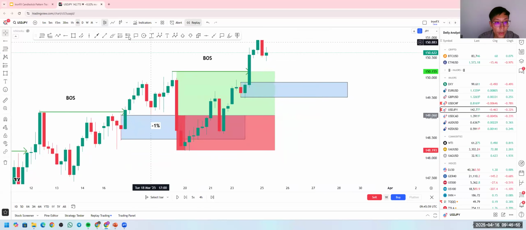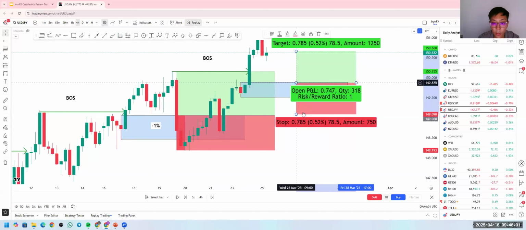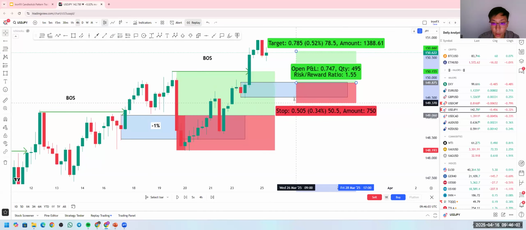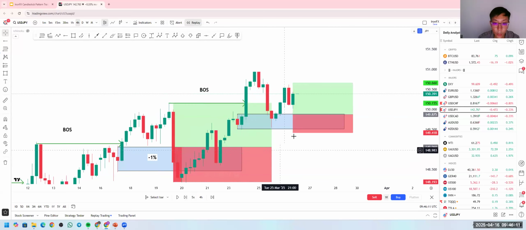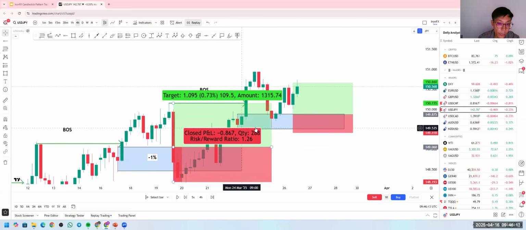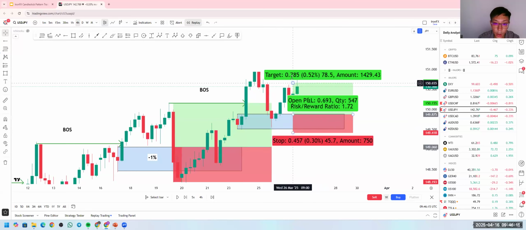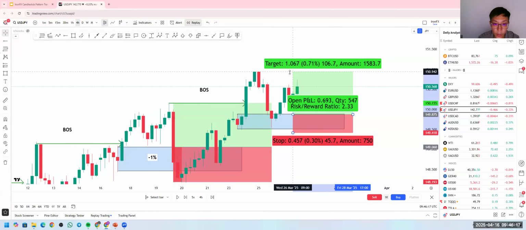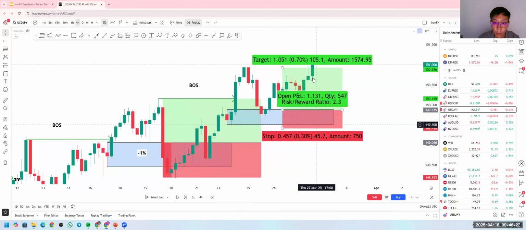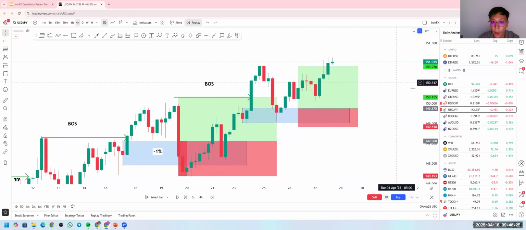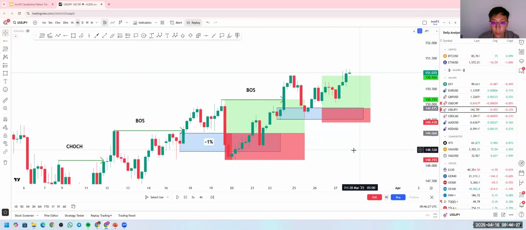I'll wait for price to come to my level, slightly below right here. It's very important to put it slightly below this area. Then your target is generally at the previous high, 1:2. Let's see if it actually hit your TP. Yeah, it actually hit your TP.